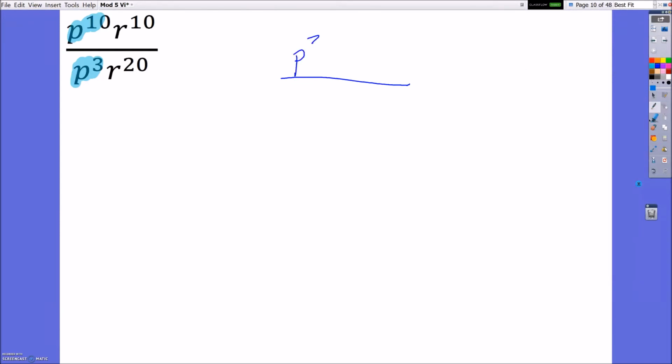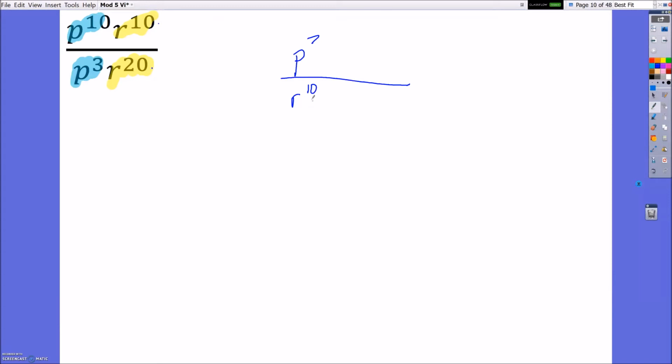Now I'm going to look at my second variable, which is the r's. I have r to the 10th power on the top and r to the 20th power on the bottom. I have more left on the denominator than the numerator. Therefore, when I subtract these, I'm going to have r to the 10th left over on the bottom, because 20 minus 10 is 10.